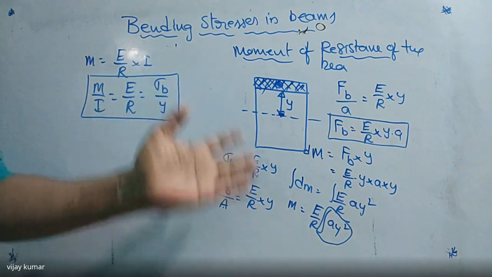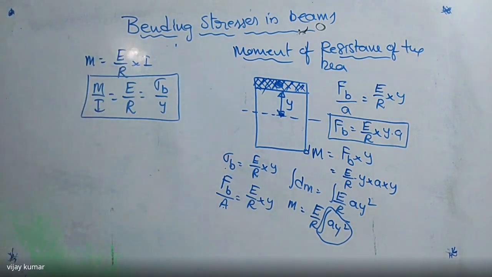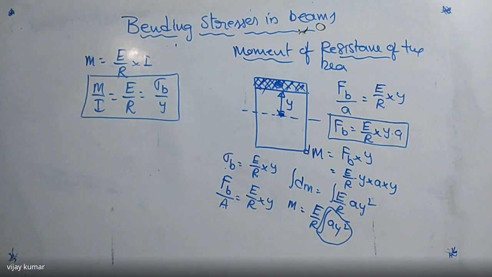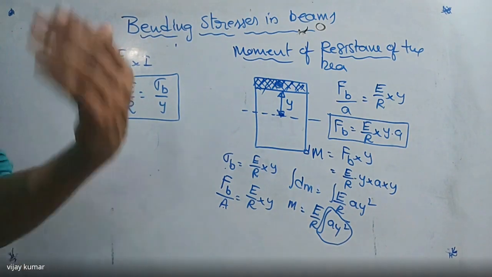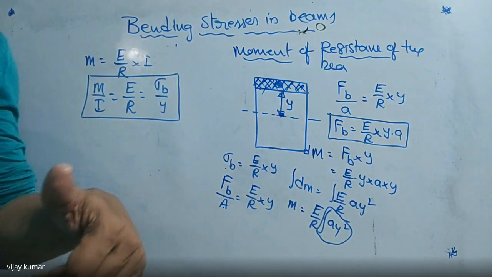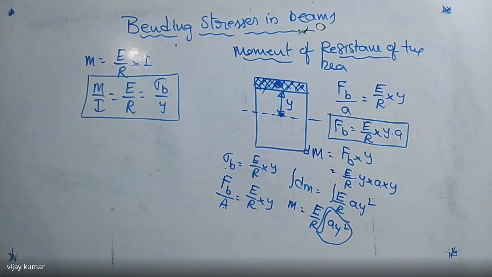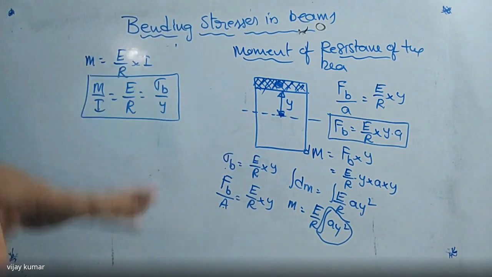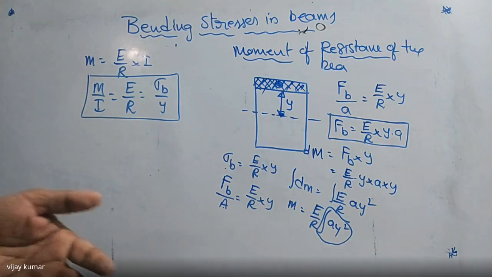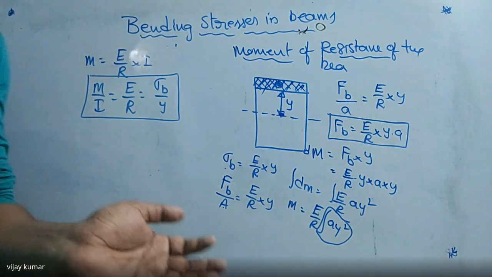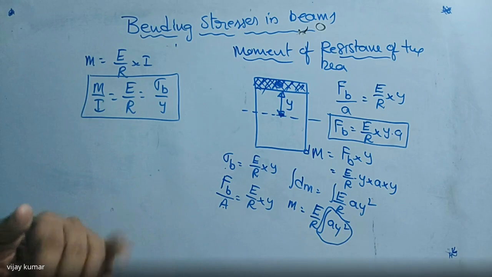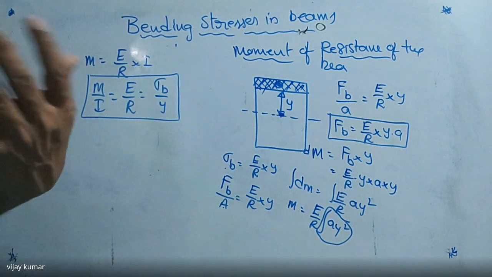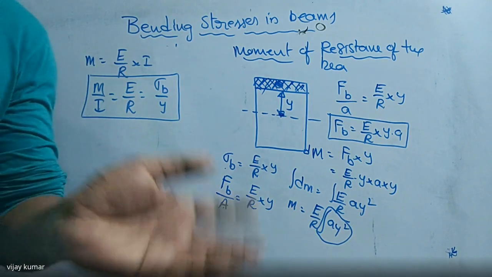Under bending, at the top and bottom we have maximum stress. At the top we have compressive stresses, and at the bottom we have tensile stresses. But at the neutral axis, both tensile and compressive become zero. That is, at the neutral axis there is no bending stress. Where there is no bending stress, there must be shear stress. Where the shear stress is zero, there must be bending stress.